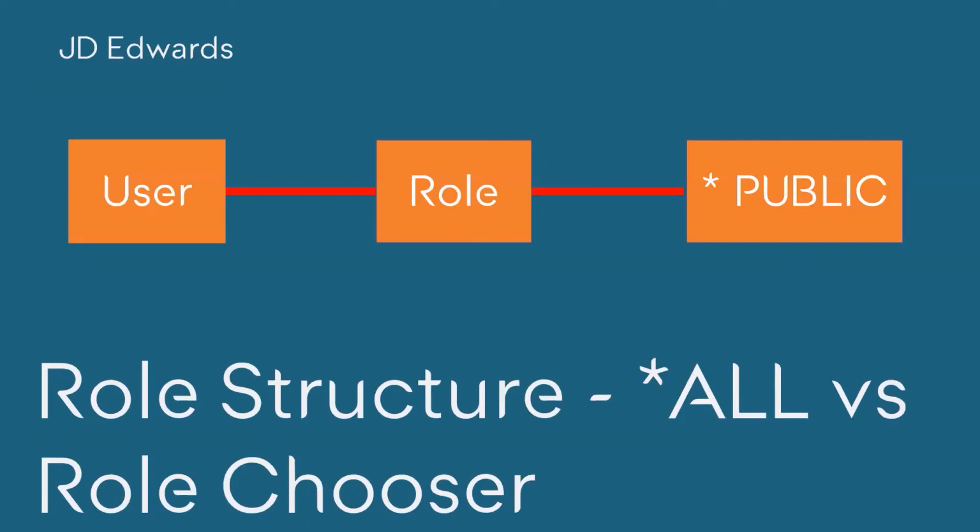Now, you could set the application so that when a user signs in, they automatically get all of their roles combined together. Or you could allow them to do that or choose a specific role. And that was handy because what you could say is when you choose role A, you can do sales orders for business unit A. When you choose role B, do sales orders for business unit B.